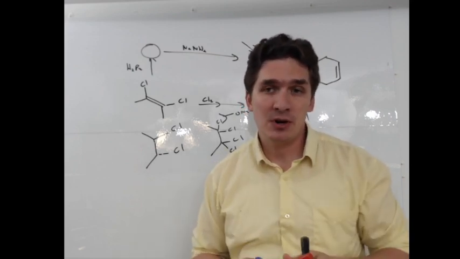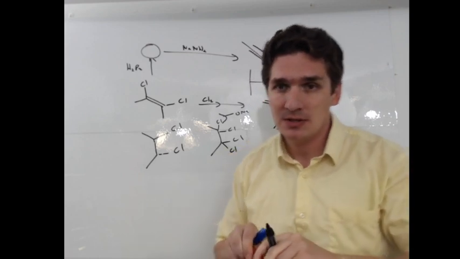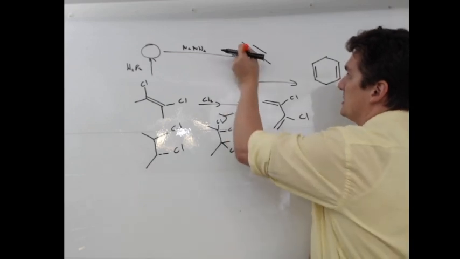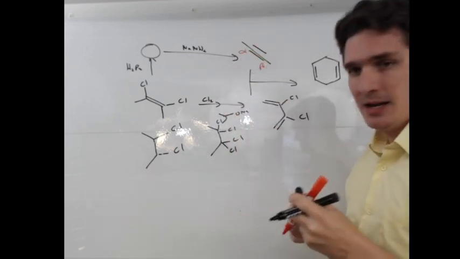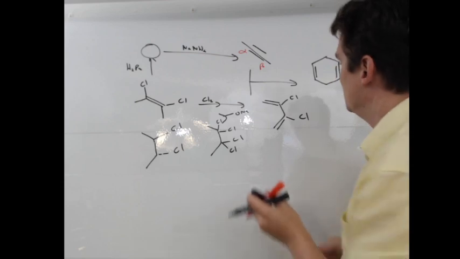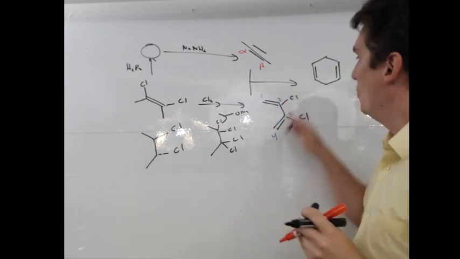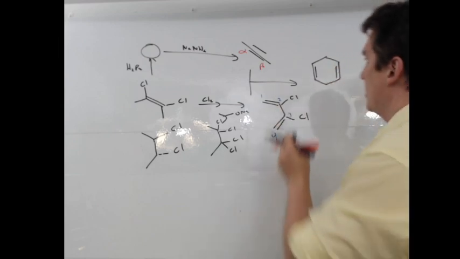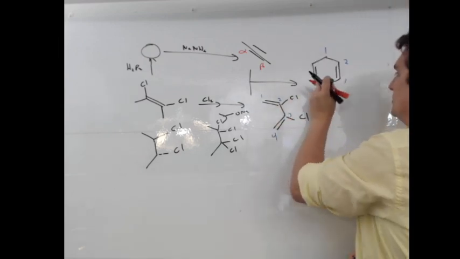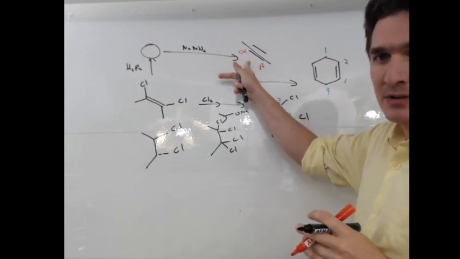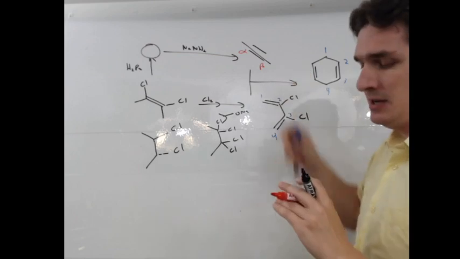We're going to number our carbons, and we're going to also letter our carbons. So for my alkyne, call this alpha and beta. And then for my diene, 1, 2, 3, 4. Now, one double bond is going to be between the second and third carbon, so we can do 1, 2, 3, 4. And for our alkyne, the alpha and beta are going to be the other double bond.